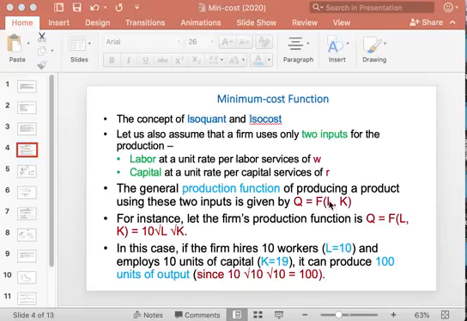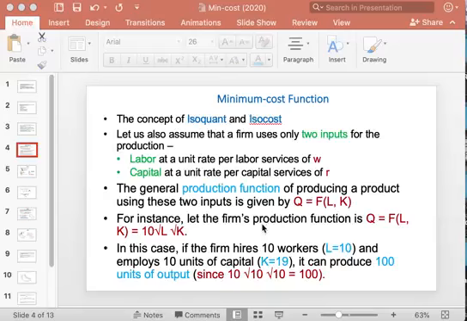The quantity of labor service is denoted by capital L, and the quantity of capital service by capital K. So in general, the production function is given by this equation, where Q is a function of labor and capital.